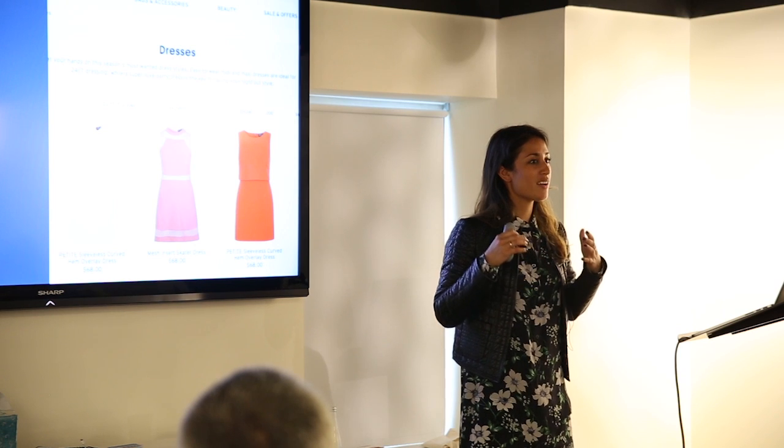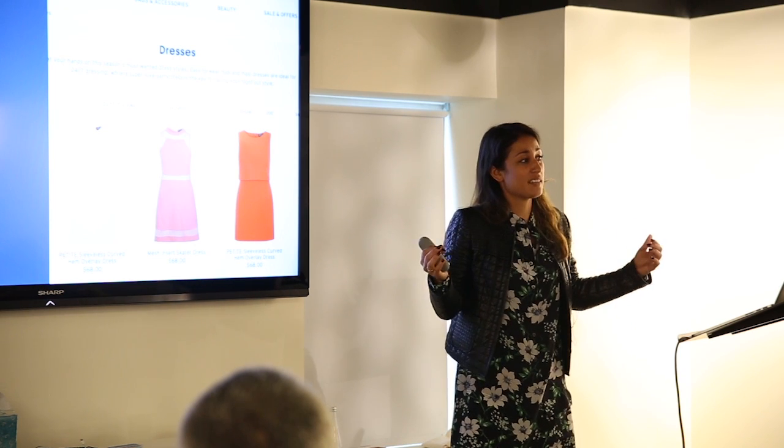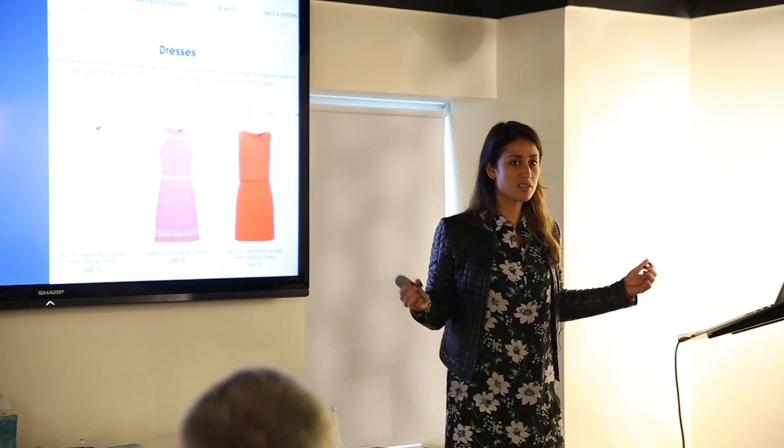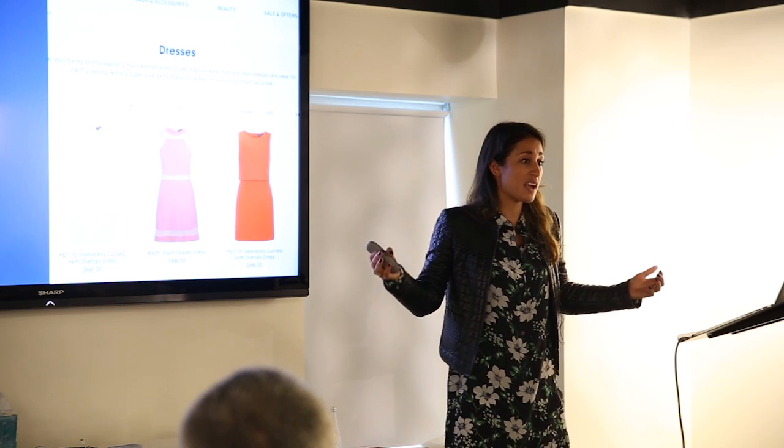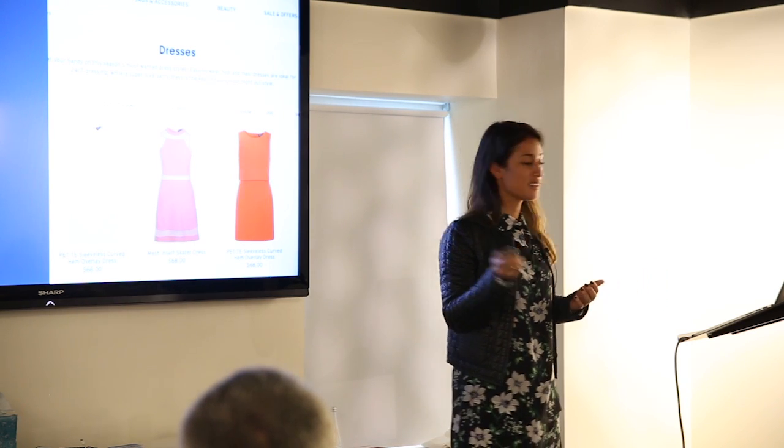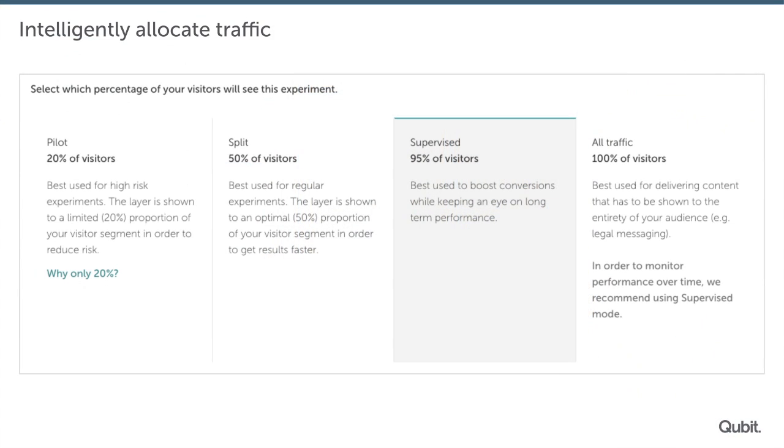Without having had that 5% control group, there's no way we would have known the actual long-term impact. So when it comes to winning tests, it is really important that you intelligently allocate traffic. You can run it for 100% of visitors if it's user experience based.